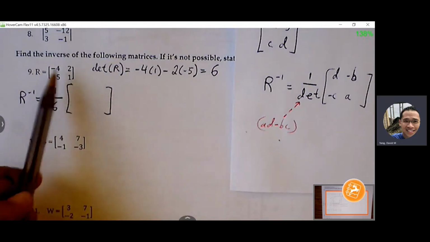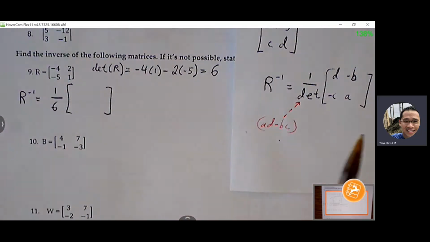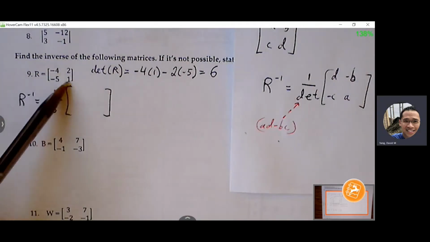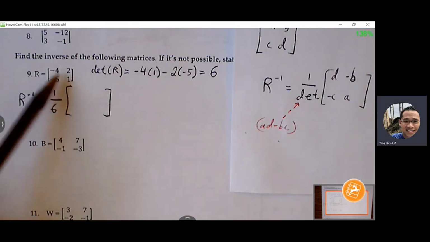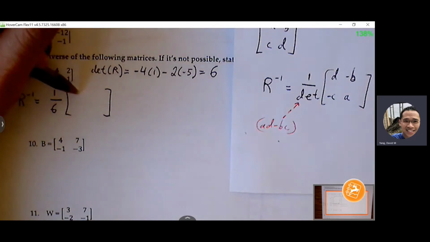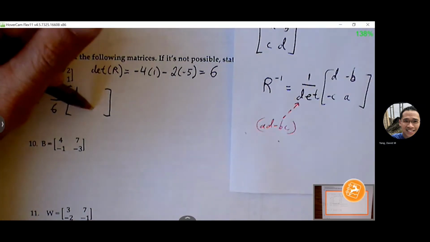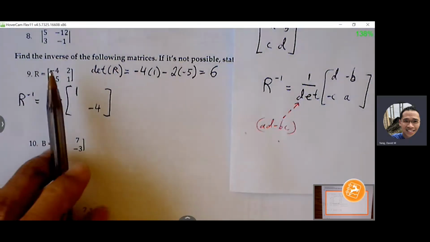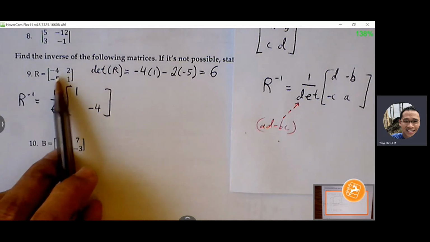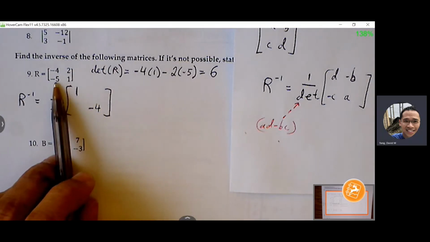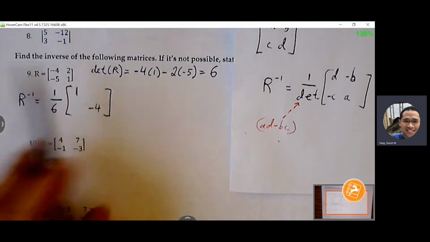And then rearrange and change the signs according to this formula, right? So swap the first diagonal, swap places with those values. And then the other diagonal, change their signs. -5 becomes +5, 2 becomes -2.